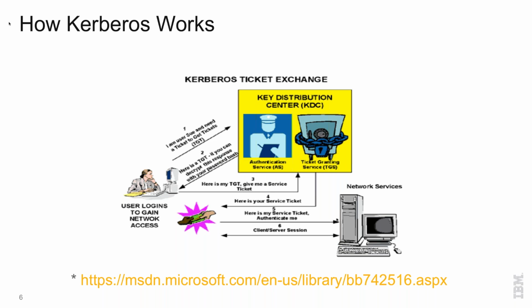Now if you want to access a service, you use your TGT to ask for a service ticket. The reason for the TGT is that this is a temporary ticket, because a TGT has an expiration time, which by default is 24 hours.